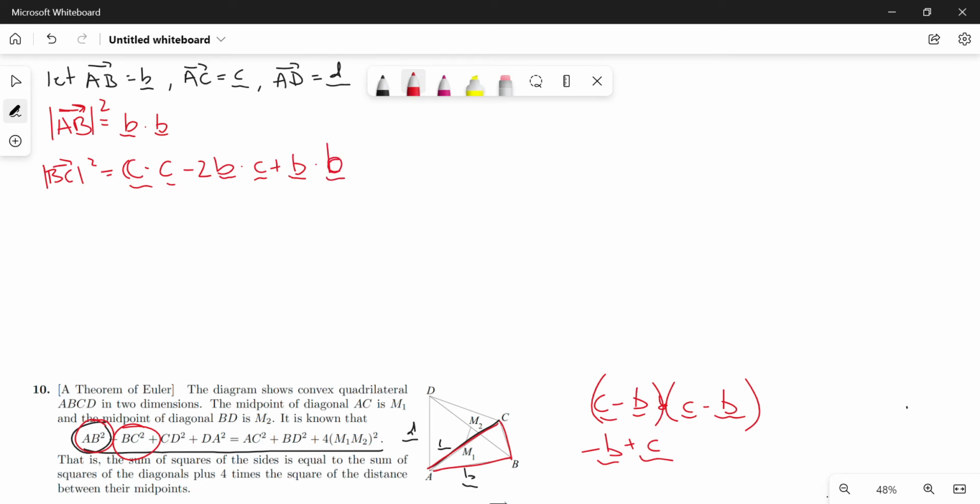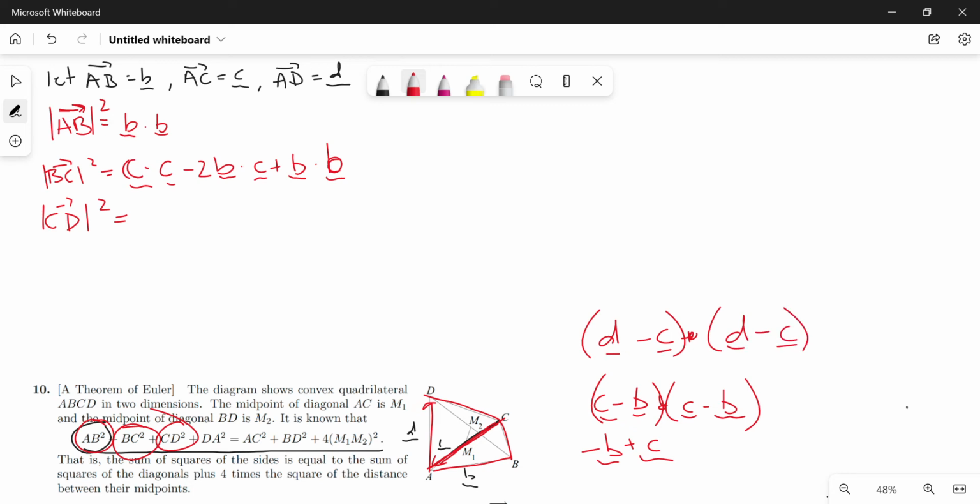Alright, let's have a look at the next one, CD squared. Again, C to D, let's go C to A, so that would be minus C, because we're going in that direction, and then A to D, which we've said is D. To get the square, we're doing the dot of those two.